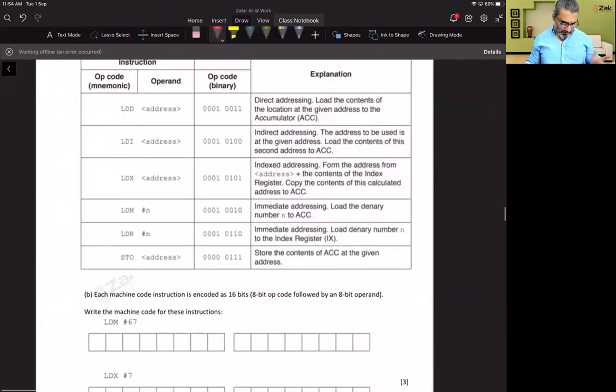LDM 67. So you have to write the machine code. What is the machine code for LDM? 00010010. And what is this? 67. 1, 2, 4, 8, 16, 32, 64, 128. 64 plus 3 is 67.